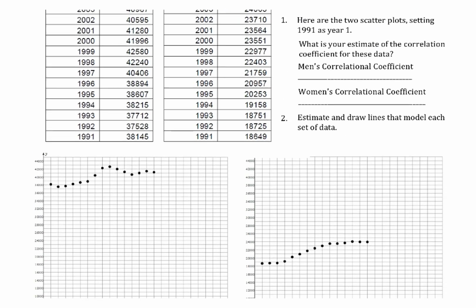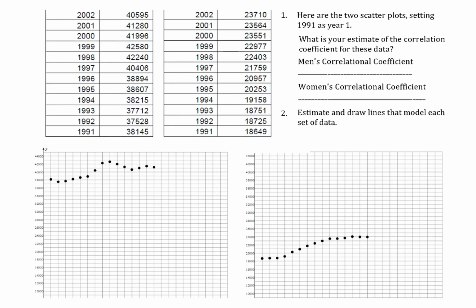First thing, question number 1. What is the estimate of the correlation coefficient for these data? Remember, when we're talking about the correlation coefficient, it's between 0 and -1 or 0 and 1. The closer you are to 1, the stronger it is.